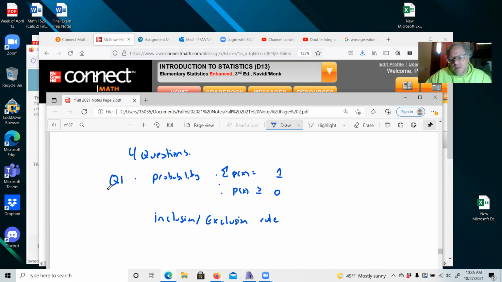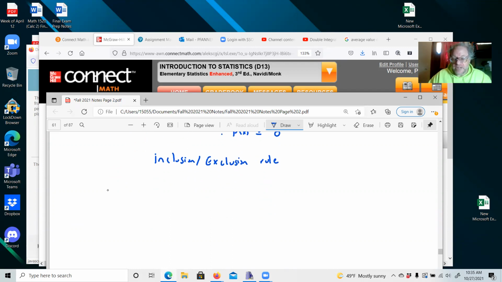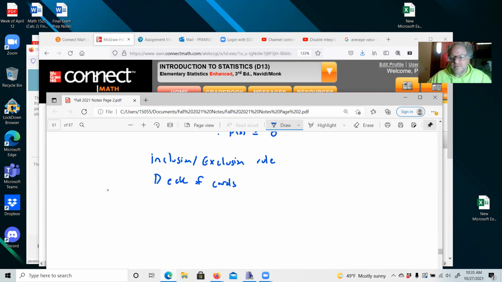Here's the canonical example for the inclusion-exclusion rule. If we have a deck of cards, I know different countries can use different cards. I know Hungarians have a different deck than Americans do, or the rest of the world. So it's 4 suits, 13 cards per suit.